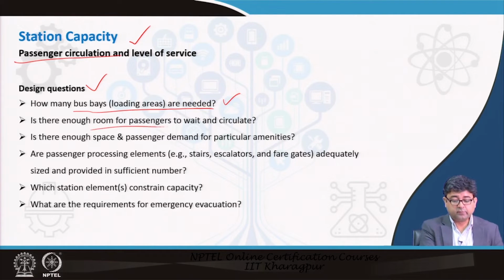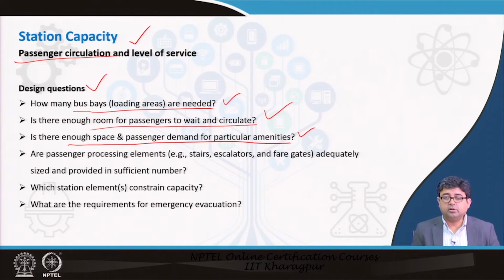Is there enough room for passengers to wait and circulate? This is a question for which you have to develop an answer, and based on that answer your station or stop will be designed. Is there enough space and passenger demand for particular amenities, right? Are there a lot of elderly people that access a stop?